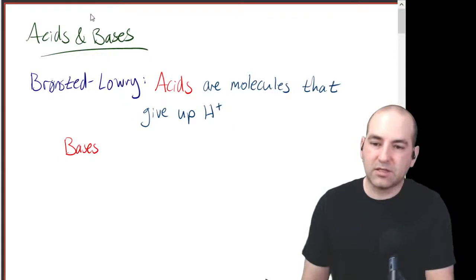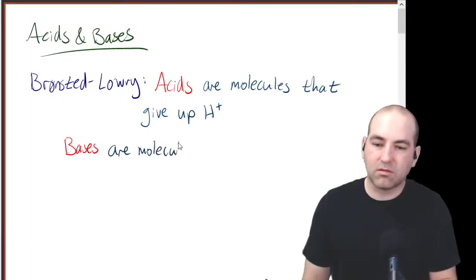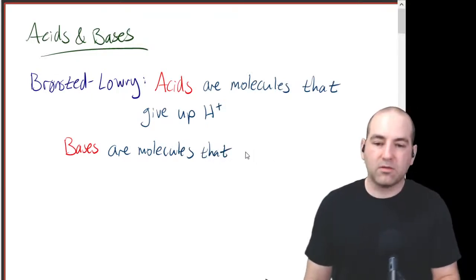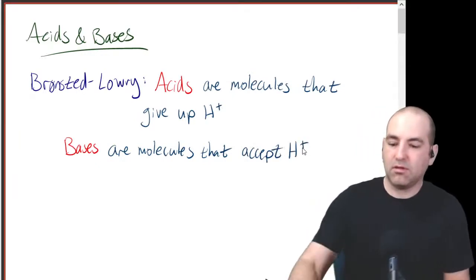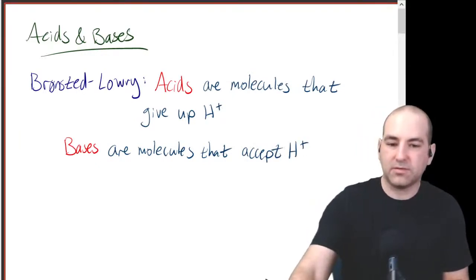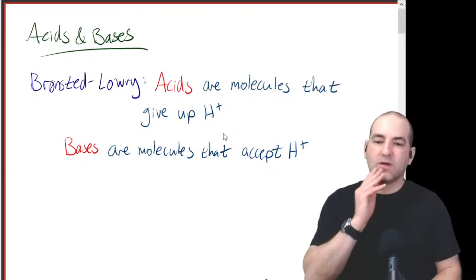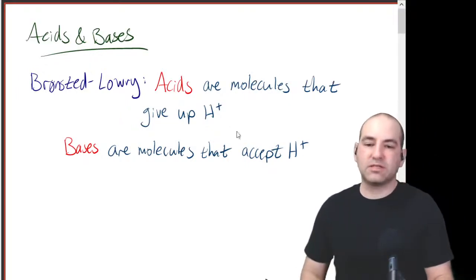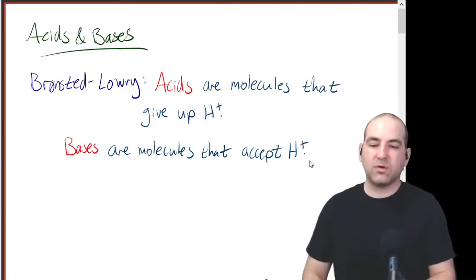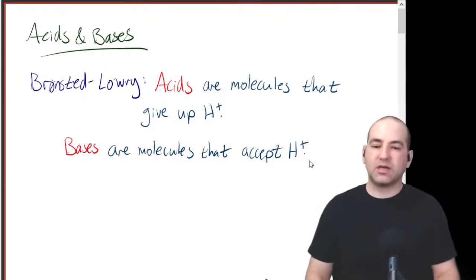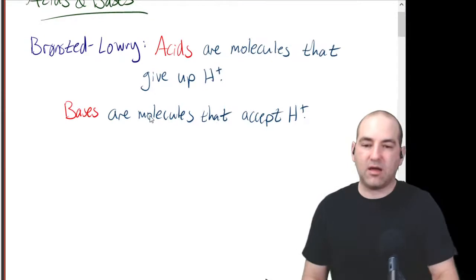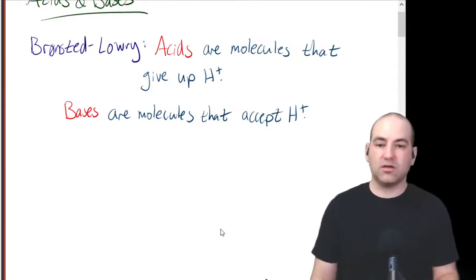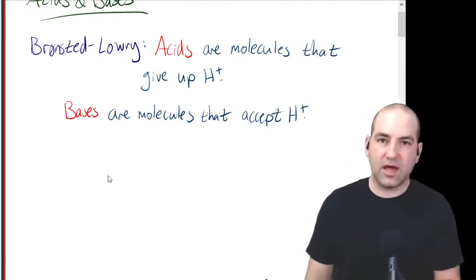And then bases are molecules that accept H+. All right, so acids give up H+, bases accept H+. So what does that mean? Well, let's take a look at a reaction and see if we can see what's happening in this reaction.